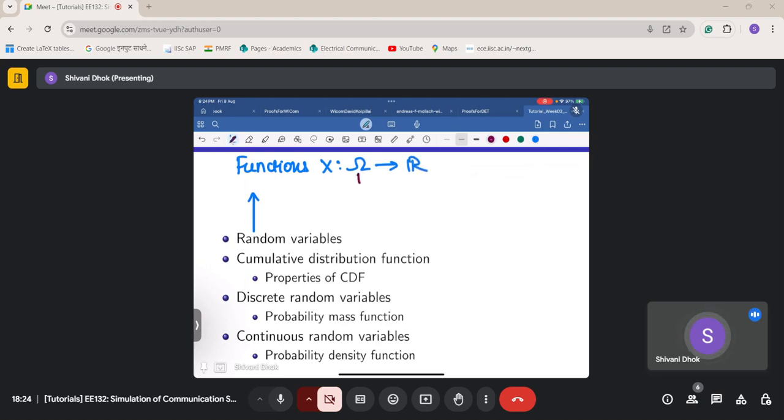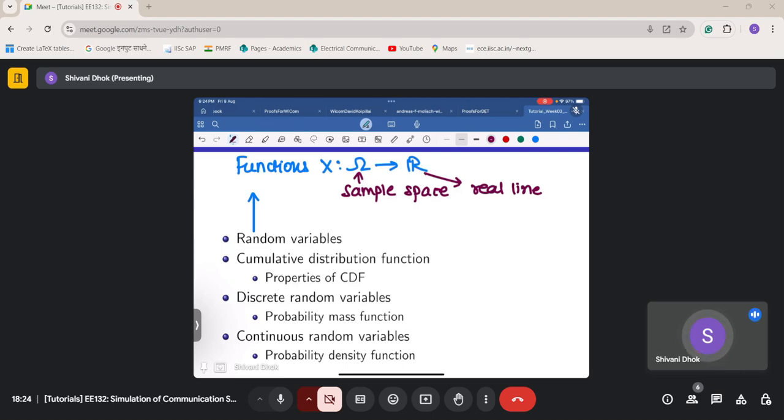So this is my sample space, and this is the real line, and this is not a random function, it is a deterministic function. That is, if I know the outcome I am talking about from my sample space, then I know to what value in the real line it will map to.